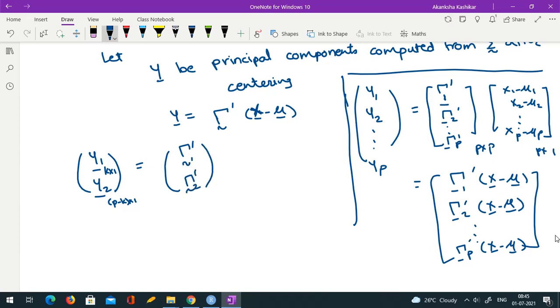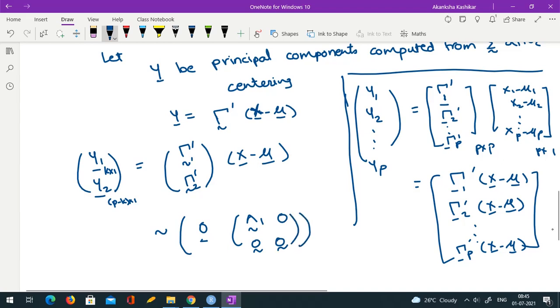Here I am dividing them into k and p minus k, and then x minus mu. Okay, and what do I know about the distribution of y? I know that it would have mean 0 because we have centered it, and it would have a variance covariance matrix same as the diagonal matrix with eigenvalues at the diagonal. We have proved this in PCA, correct? So this is the variance covariance matrix of y.